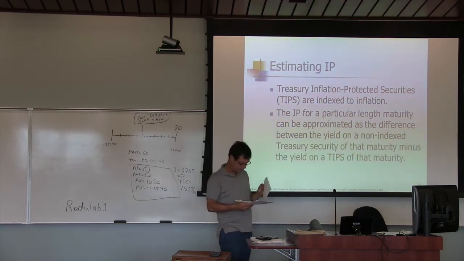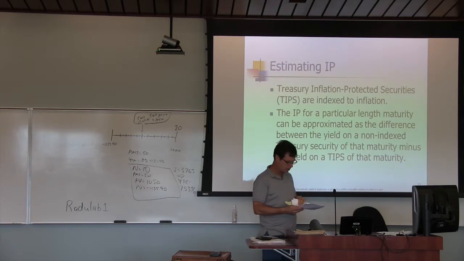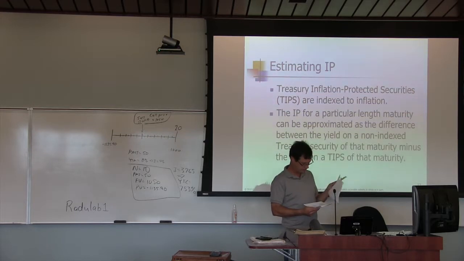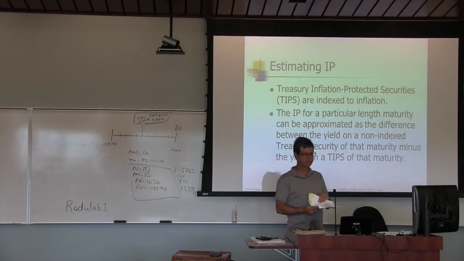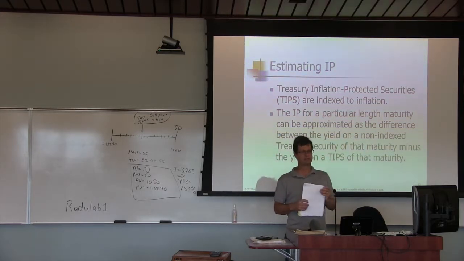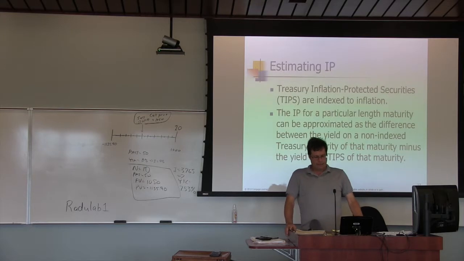So there are a few different ways that we can estimate the inflation premium that's built into this. Any of you familiar with TIPS, Treasury Inflation Protected Securities? Yeah, I'm holding those. I've got those in my personal portfolio.